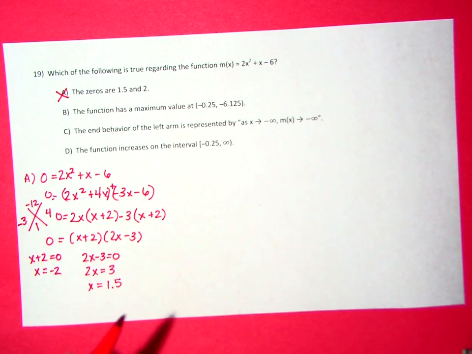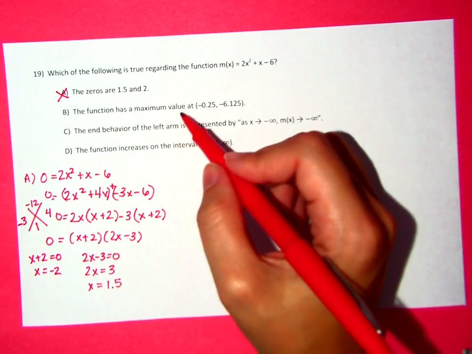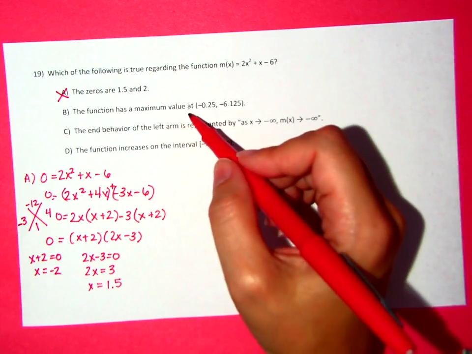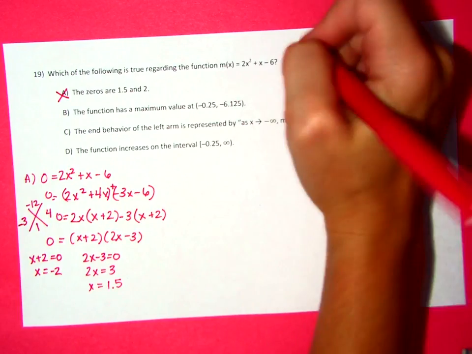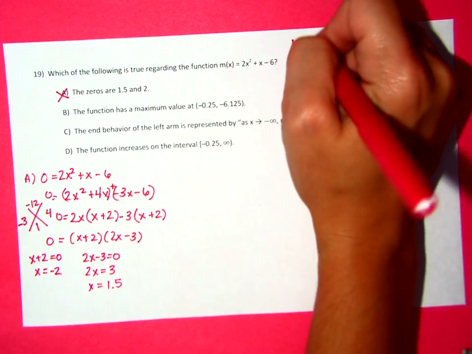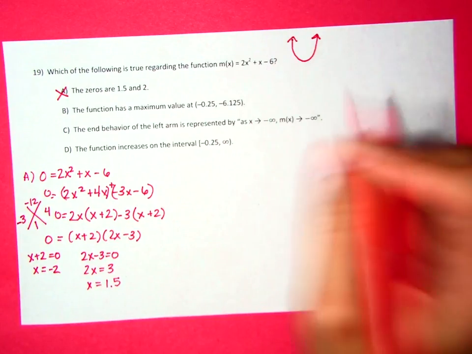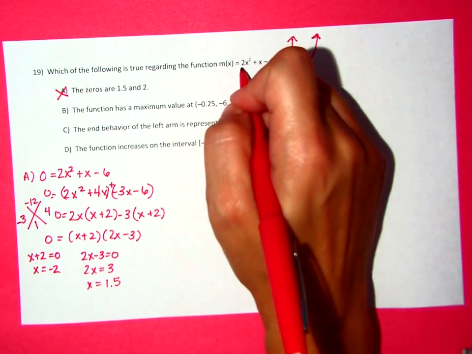We're looking for what's true. The next one says that the function has a maximum value. Well, a maximum value would mean that it's like the top of it. If you think about the graph of this parabola, it's going to look something like this. And I can tell you how I know. If you look in front of x squared, we see that a is 2.